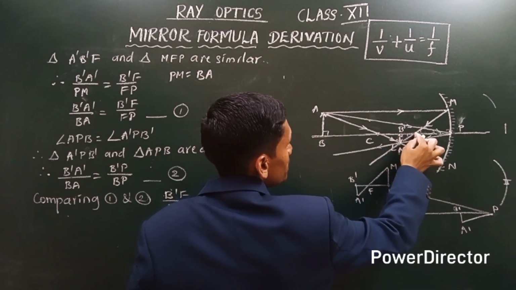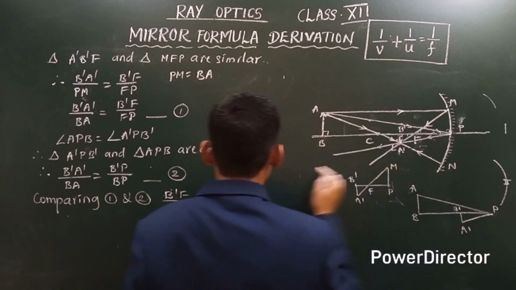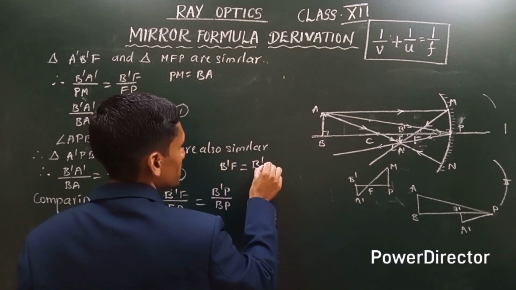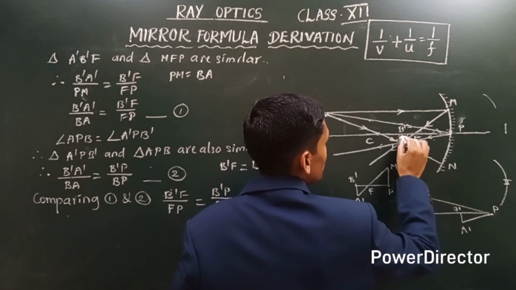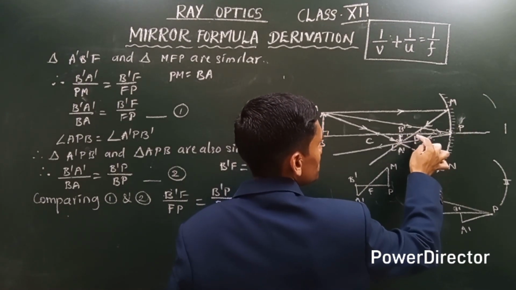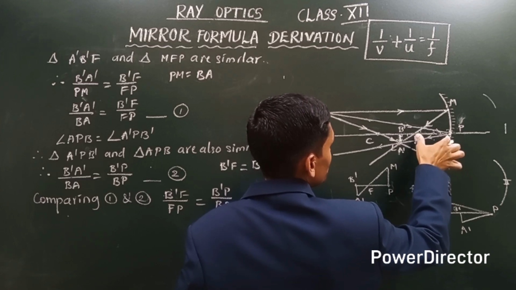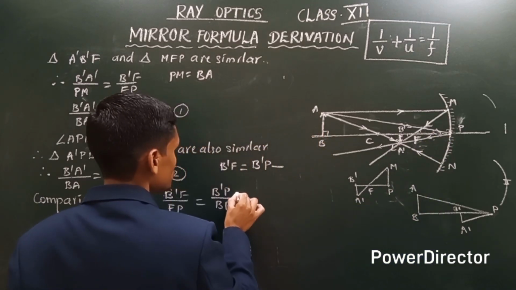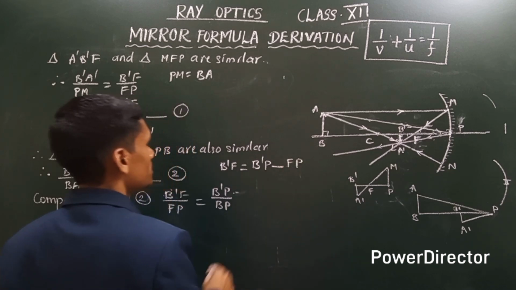B dash F means only this much we want, right? B dash P you take, the total length, minus FP. FP means what? The focal length, or not? That only. So minus FP you can take, right?